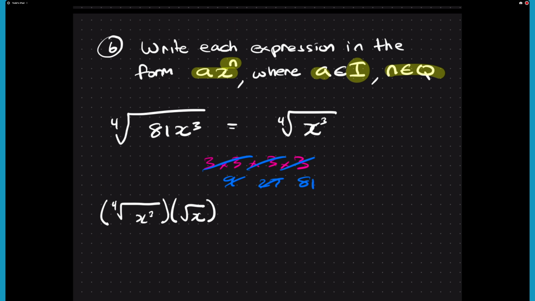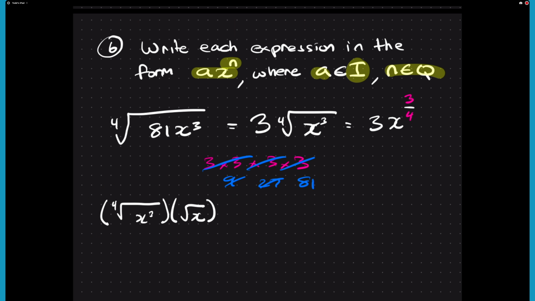We've done questions like that already. So that is going to equal 3, and now I just take the x and raise it to a power. Well, what numbers are going to go where? Well, the 4 is the index, it goes on the bottom, and 3 is the exponent, it goes up top. So the final answer for that example is 3x raised to the power of 3 over 4.